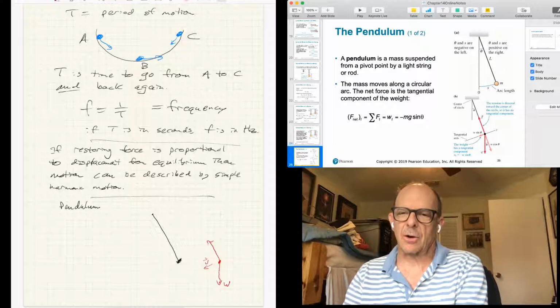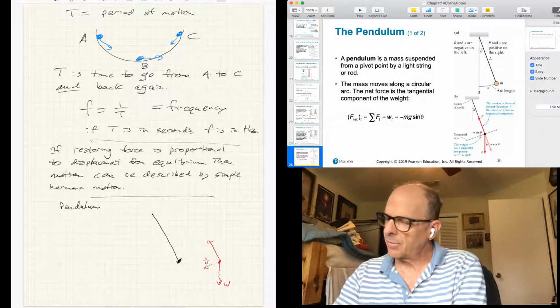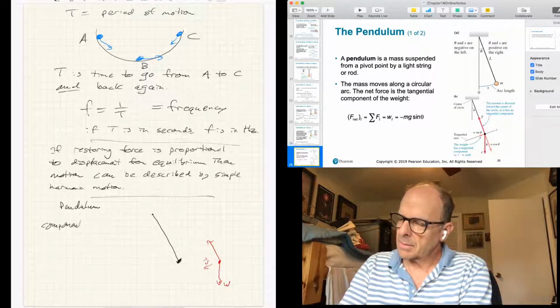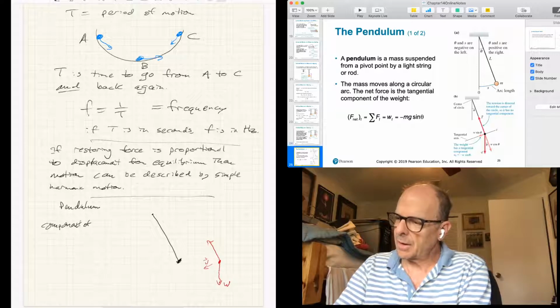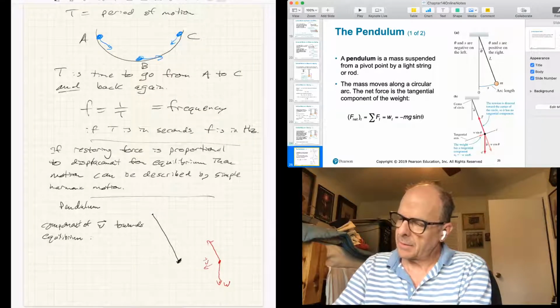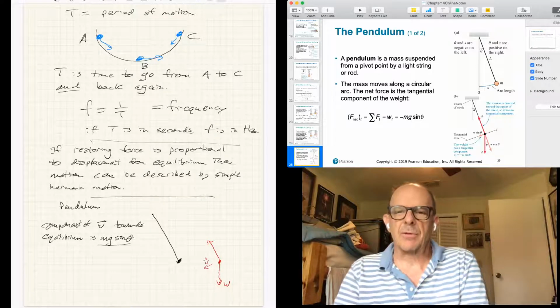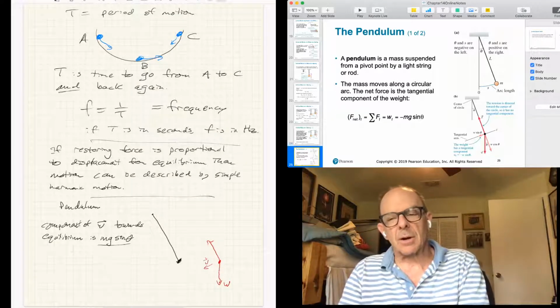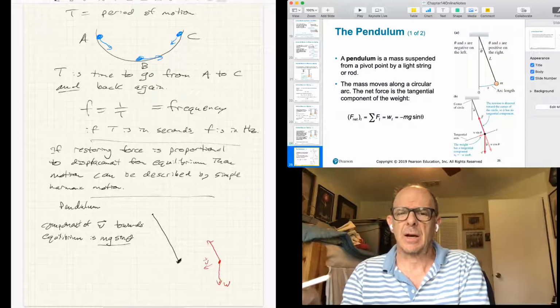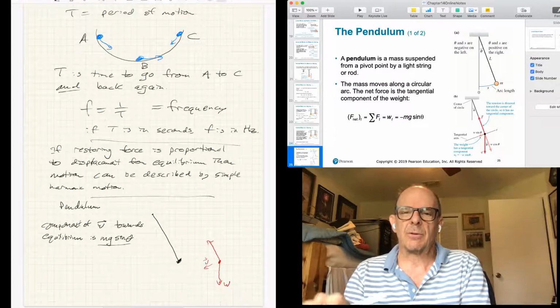The string can't get longer or shorter, and so the component of the force of gravity towards the equilibrium position is mg sine theta. And that should look familiar if you remember when we had things on ramps earlier in the semester. The component of the weight down the ramp was always just mg sine theta. The acceleration down the ramp was always g sine theta.